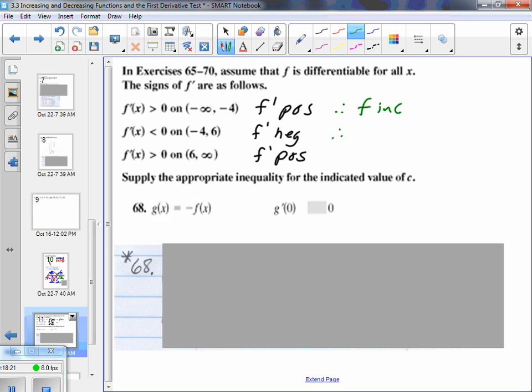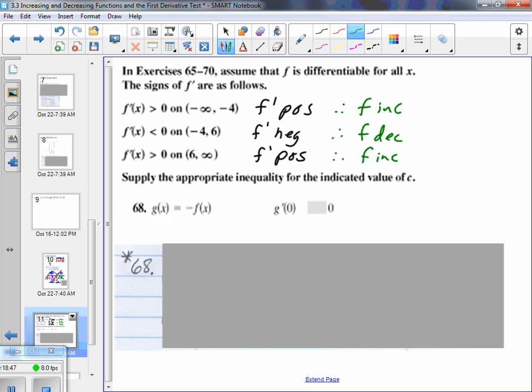On the interval where f prime is negative, what's f doing? Decreasing. On the interval where f prime is positive again, what's f doing? It's increasing. Okay? Now we'll answer their questions. You need to know that whether it comes into play on this particular question or not.